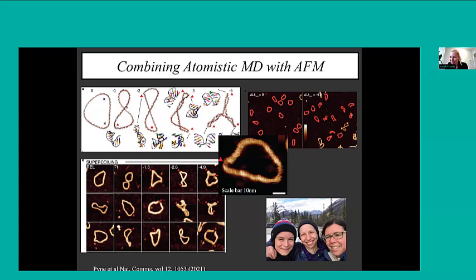So what the DNA stars did in our calculation is Alice looked at the supercoiled DNA mini circles on a surface, and you can see the picture on the bottom left. And Agnes used molecular dynamics simulation, so that's the picture at the top with the little triangles on it, to model exactly the same circles as Alice was imaging.